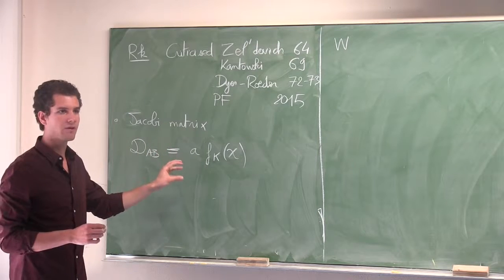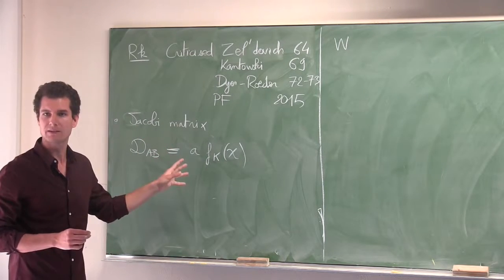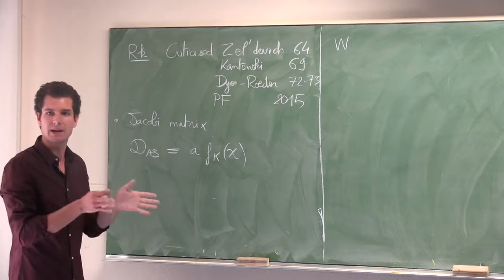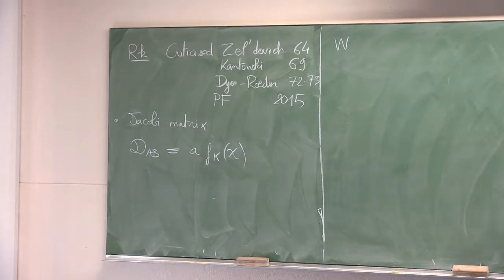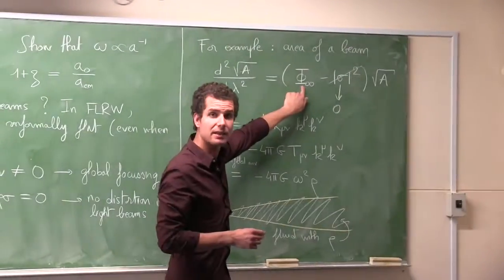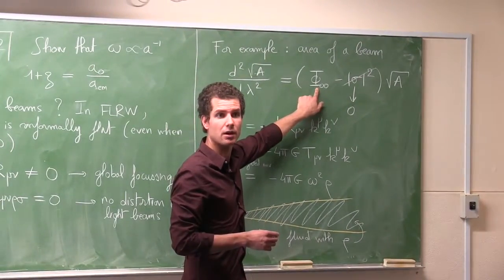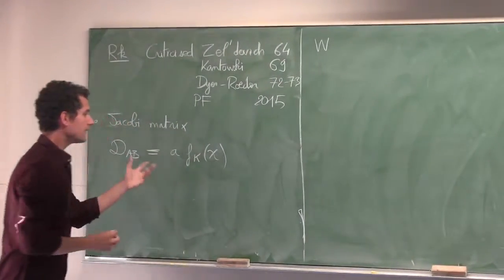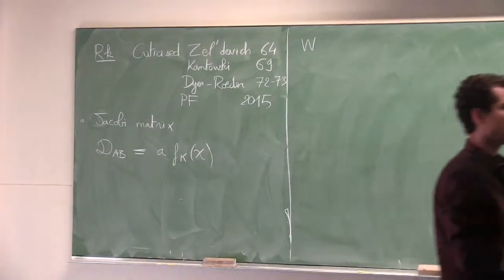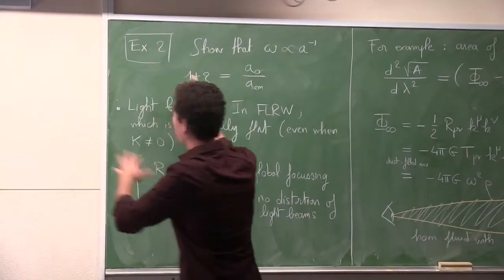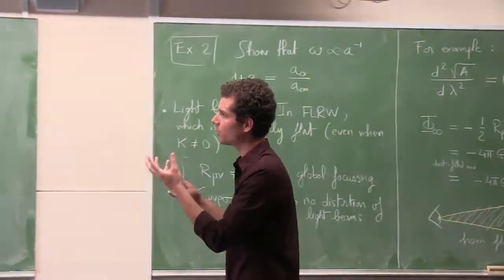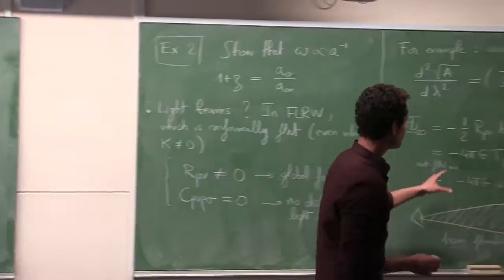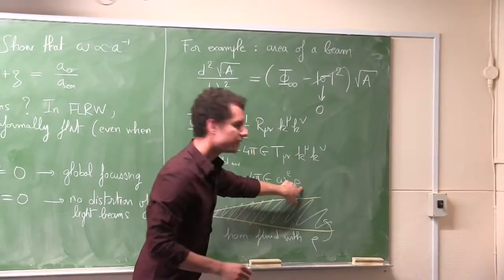The spatial curvature has no physical effect on the way light rays are propagating, because the only physical source of focusing is this thing that has nothing to do with the spatial curvature. This thing, which is very conveniently written, is a happy coincidence due to the conformal invariance, which gives this kind of interpretation, but this interpretation is just geometrical, it's not physical. The source of focusing is just local density.